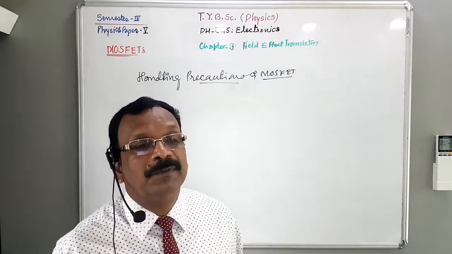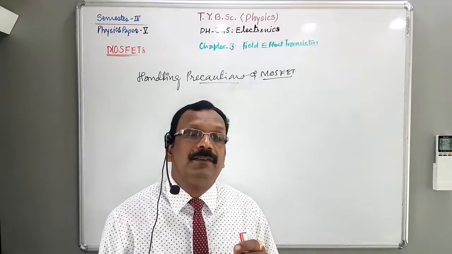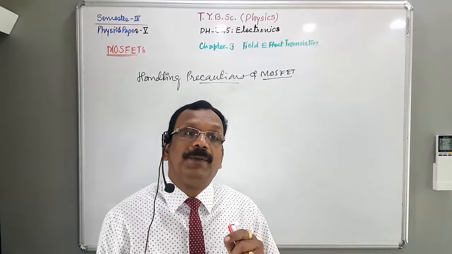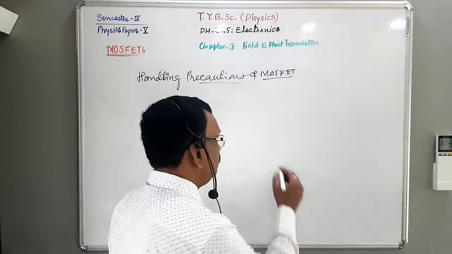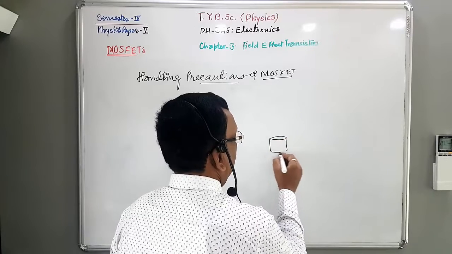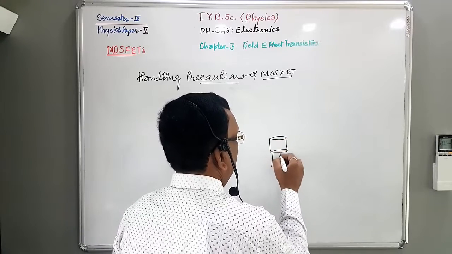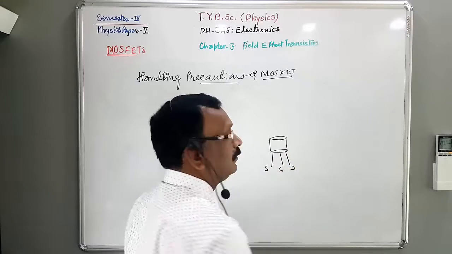First one, the MOSFET should be kept with its three terminals shorted by a ring. Suppose this is the MOSFET and it has three terminals: source, gate and drain.